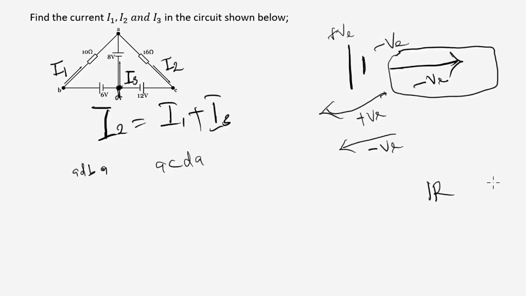So let's, in this case, should we use positive? Right, let's use negative. So let's say the potential drop will always be negative as long as we are moving towards this direction that we've chosen. So at every instance you make the potential drop negative.